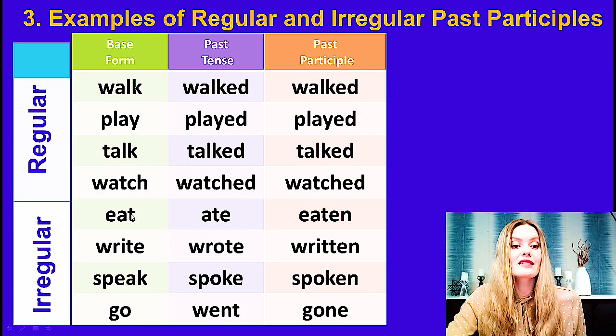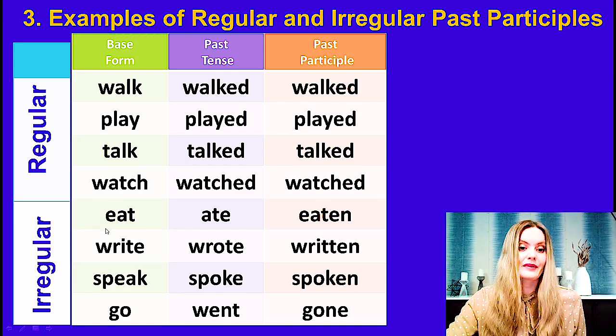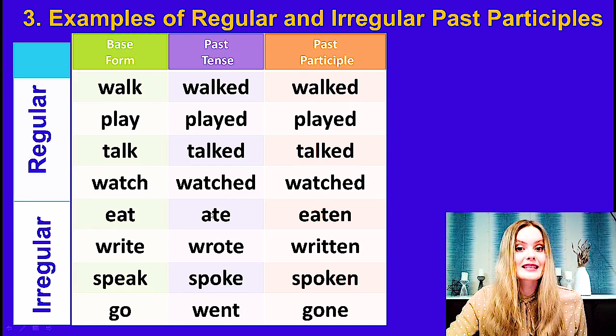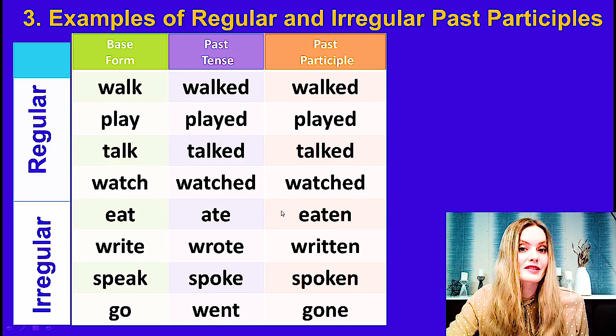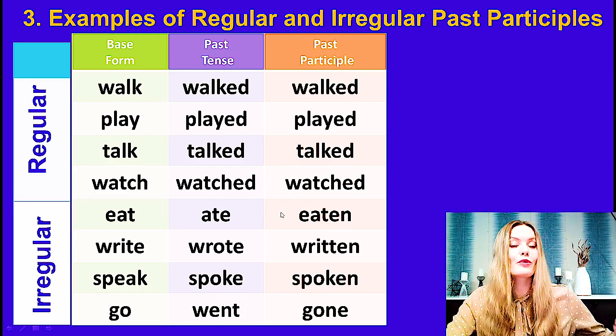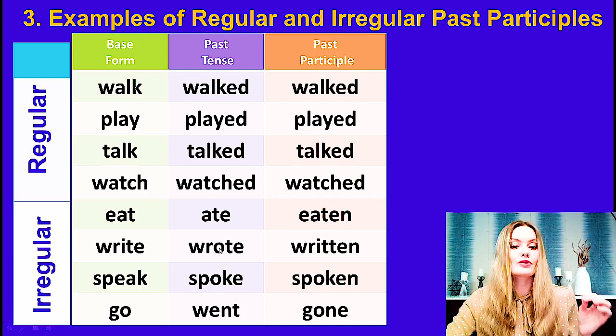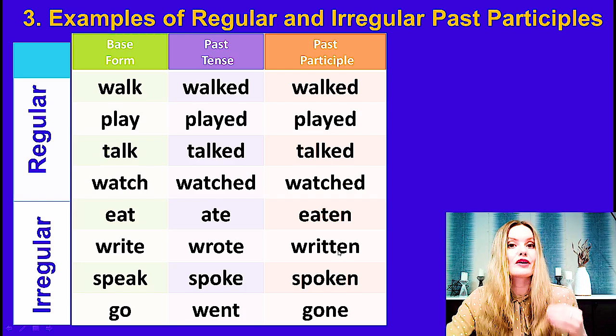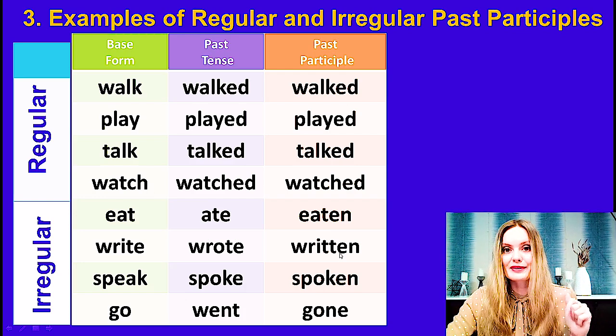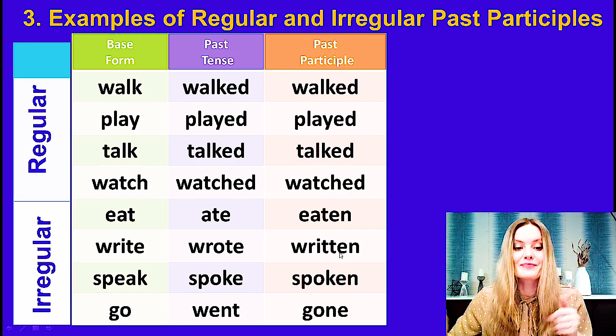Now let's take a look at the irregular verbs. Eat, ate, eaten. So you can see that for the past participle, we have a separate form, eaten. Next, write, wrote, written. Written is a past participle. It's a different form, right?